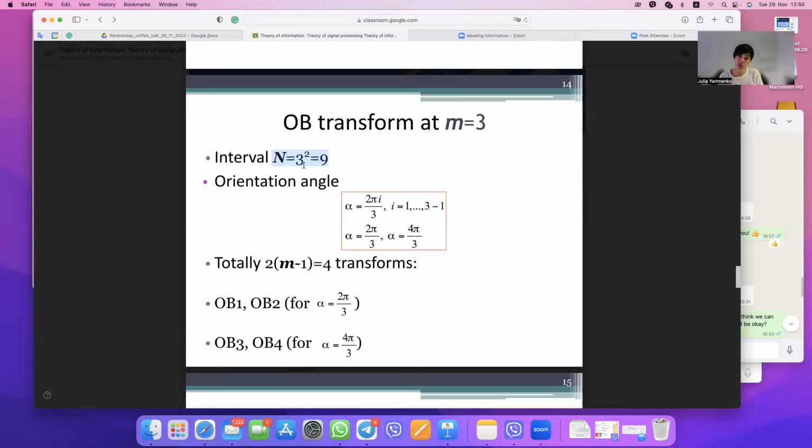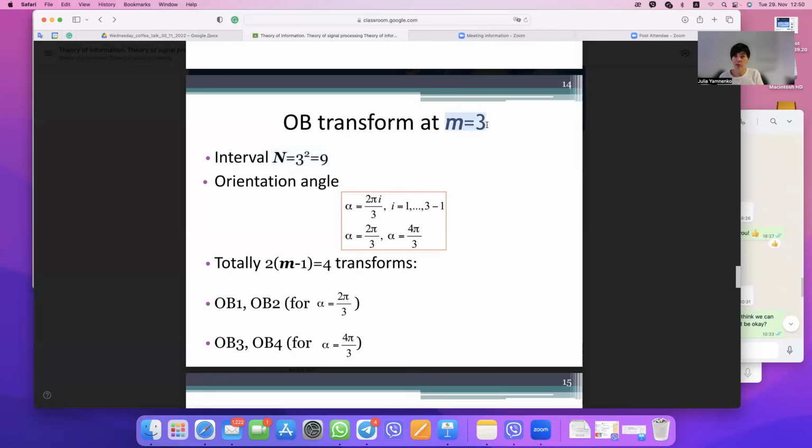We take the interval 3 to the power 2, so 9 discrete values. And in this case, we could use 2 different values of the orientation angle, because the common formula for this angle alpha is equal to 2πk over m, and k could take values from 1 till m minus 1.